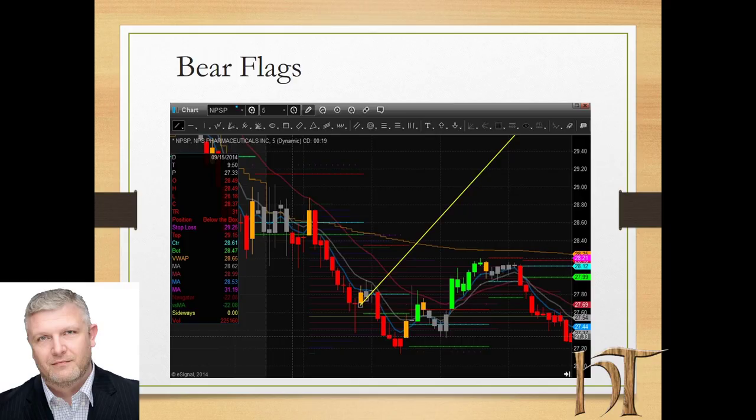In most cases, anything that I'm looking at for bull flag is going to be at high of day. Anything that I'm looking at for bear flag is going to be low of day. Same thing with flat tops. Flat tops are consolidating at high of day. Flat bottoms are consolidating at low of day.